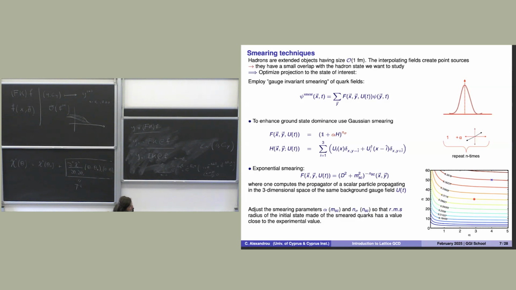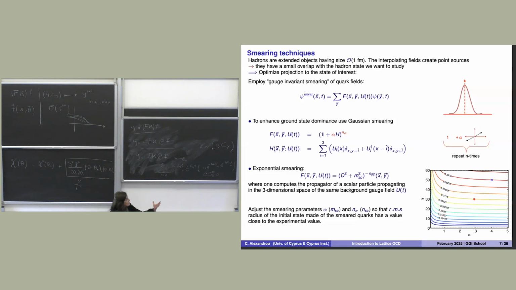And I vary them until I hit the value I want, and you see it's pretty flat after alpha equals 1, and this is how many times I repeat the application of this function on this interpolating field here. Okay, so I repeat it many times until I reach the RMS of my proton, half a Fermi approximately.